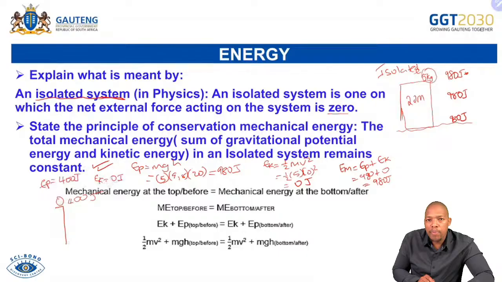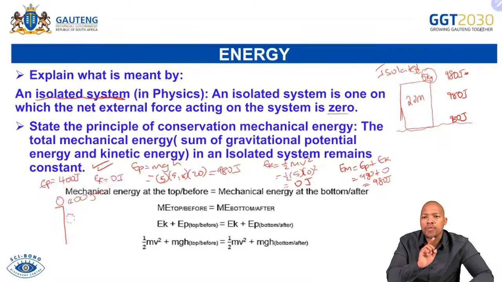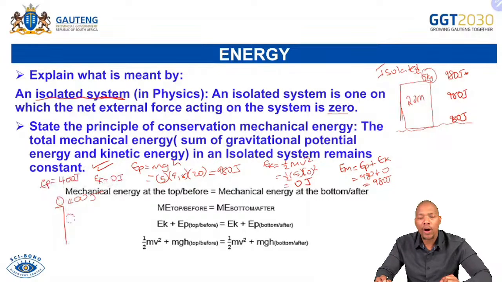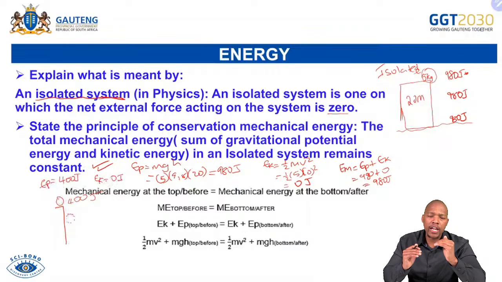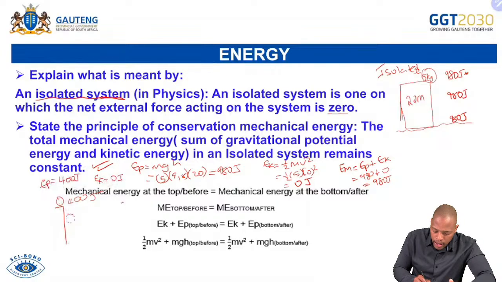Now, since the gravitational potential energy depends on the height, once the ball starts falling, when the ball is somewhere here, the gravitational potential energy of the ball will no longer be 400. It would have decreased to a certain number that we don't know. And the kinetic energy would have done what? Would have increased. So when the EP decreases, the EK will do what?